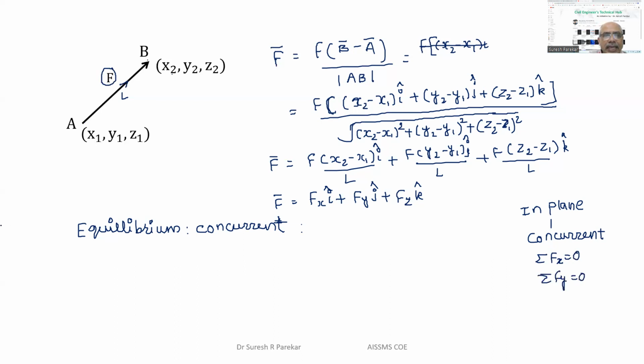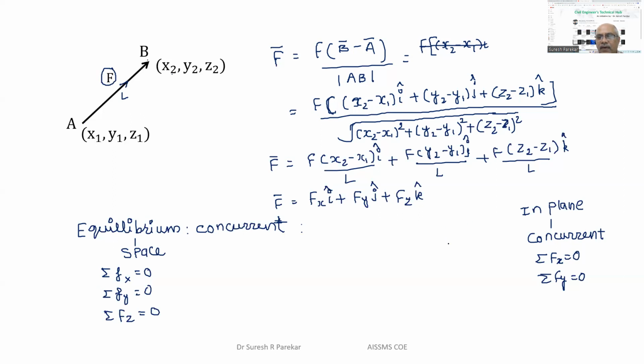Now this equilibrium is in space and we have three axes. So we are going to get three equations, Fx equal to 0, Fy equal to 0, and Fz equal to 0.